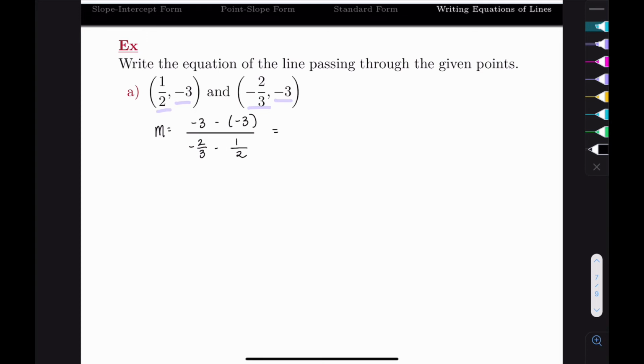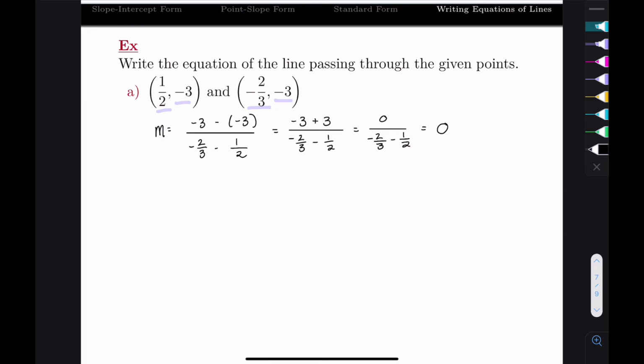But if you notice in our numerator, that's -3 plus 3. I really do not want to combine these fractions, and thankfully we don't need to, because in the top we have 0. In the bottom, those two definitely don't cancel each other out. So I really end up with 0 divided by a number. It's going to be 0.